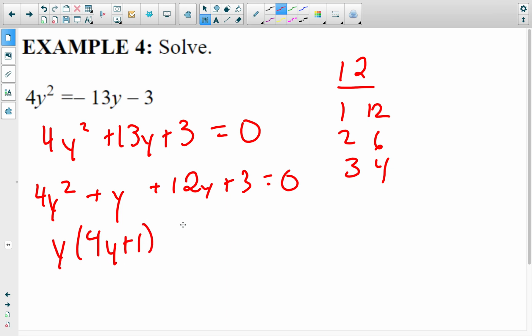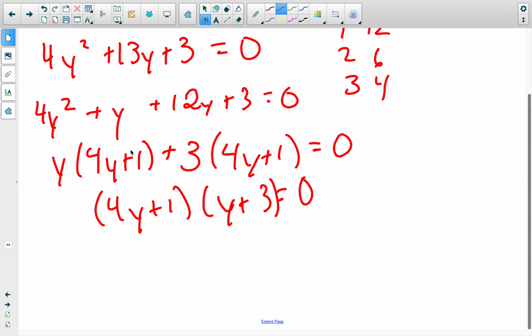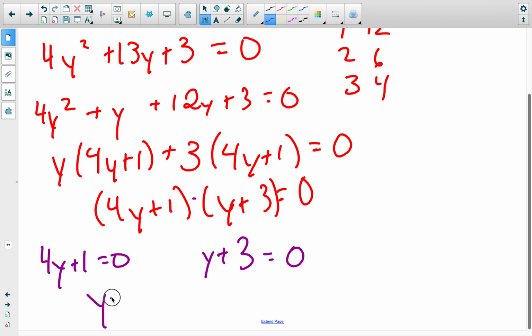And then we're going to factor by grouping, and because these two quantities are equal to each other, we can rewrite them as one. (4y plus 1)(y plus 3) equals 0, meaning that 4y plus 1 equals 0 and y plus 3 equals 0. Solve for y: y equals -1/4, y equals -3.